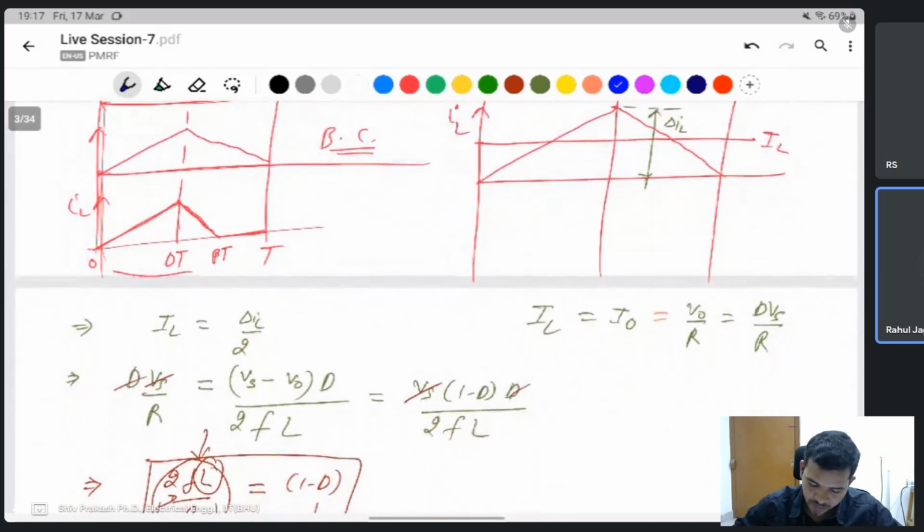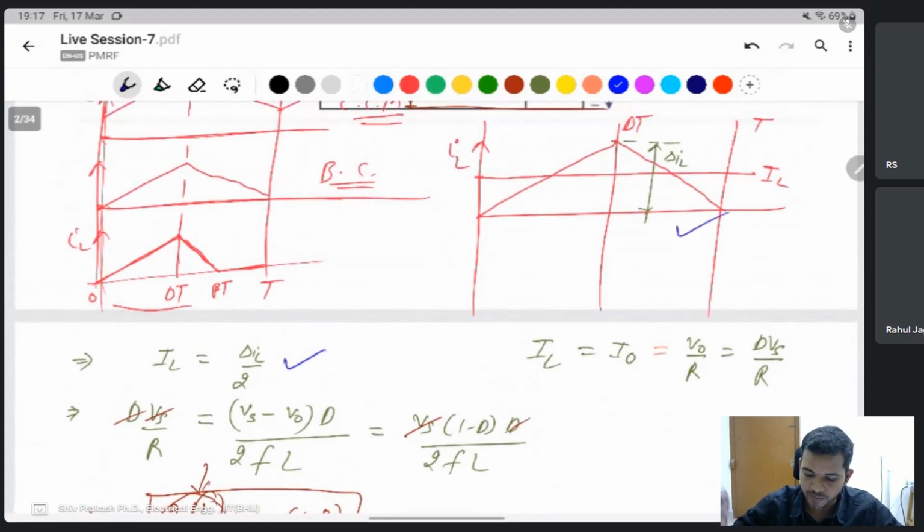That 2 F L is for the boundary condition, not for the discontinuous condition. In the boundary condition, the average inductor current is half of the ripple current.